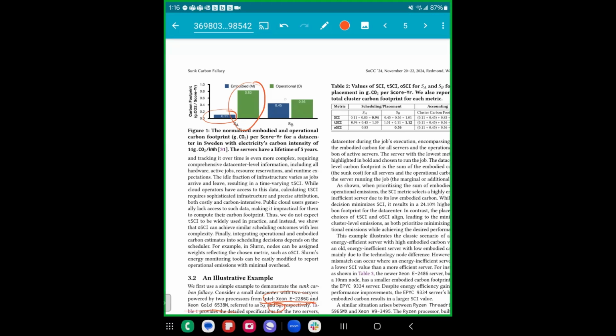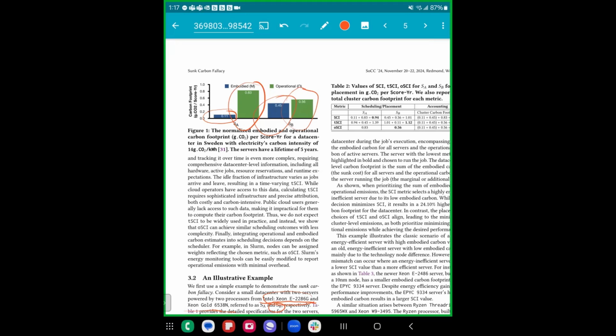But if you look at the newer CPU, it's more efficient. It's faster and it gets a better footprint per score year, but it was not as efficient to manufacture, probably for the reasons that Owen was describing, right? The yield is not as good.